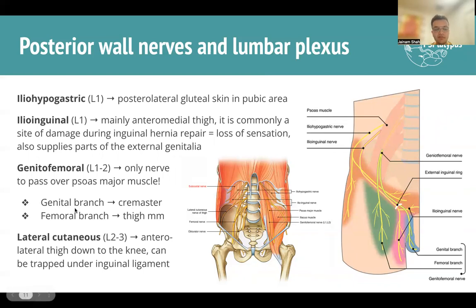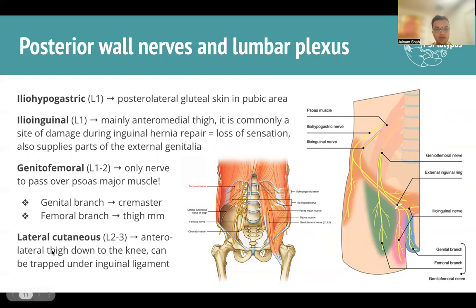These also have a lot of cutaneous innervation, but that's not too important to know. I guess if you just remembered this diagram here, which shows that cutaneous distribution, that's enough for the purposes of year 2. And then you've got the lateral femoral cutaneous, which is the L2, L3 nerve roots.